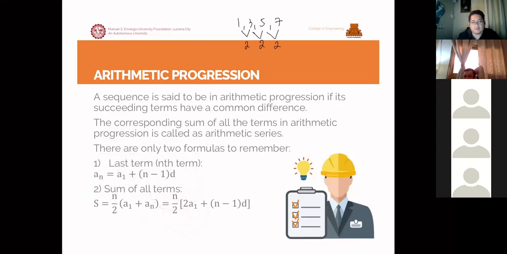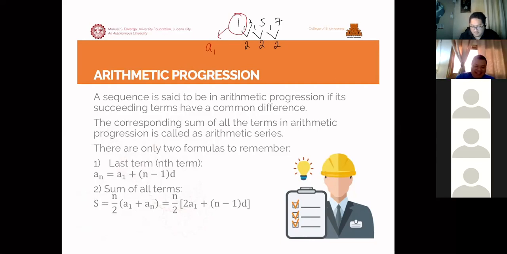Okay? Then the corresponding sum of all terms in an arithmetic progression is called arithmetic series. So there are only two formulas daw to remember when dealing with arithmetic progression. First one is yung nth term o any term. Ang formula natin is an, or any term, is equals to a1, yung first term, plus n minus 1 times d.